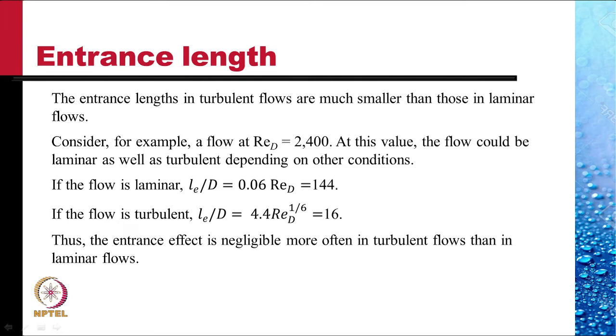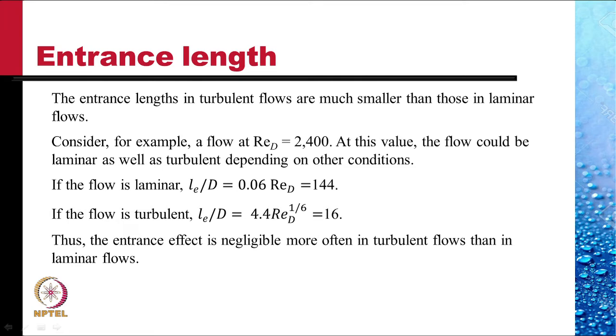If the flow is laminar, Reynolds number is 2,400, so the entrance length is 0.06 times the Reynolds number, which gives us 144 diameters. But if the flow is turbulent, this entrance length is only 16 diameters.